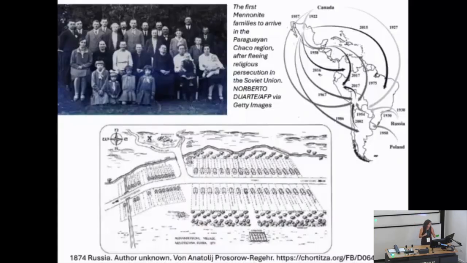This is information from an article called Pious Pioneers, as well as some drawings of Mennonite settlements. This is Russia in 1874, and you can see there's a very straight line path. There are homesteads along that main road, and then vertical fields extending on either side.